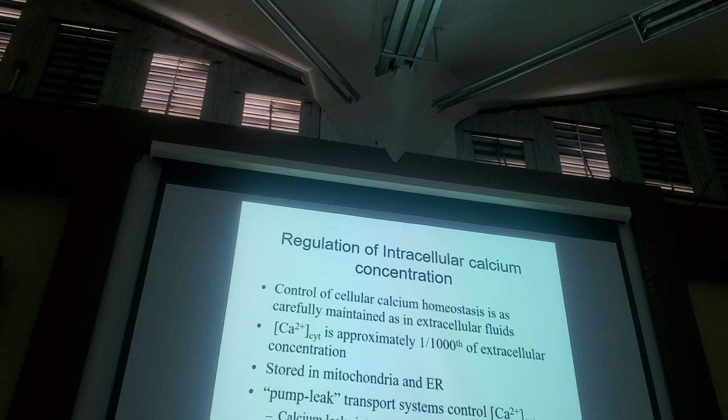So the control of calcium is carefully maintained both extracellularly and in the cytosol. Intracellular calcium is stored mainly in the mitochondria and then endoplasmic reticulum. You remember your calcium, your triad in muscle contraction? Remember the triad?